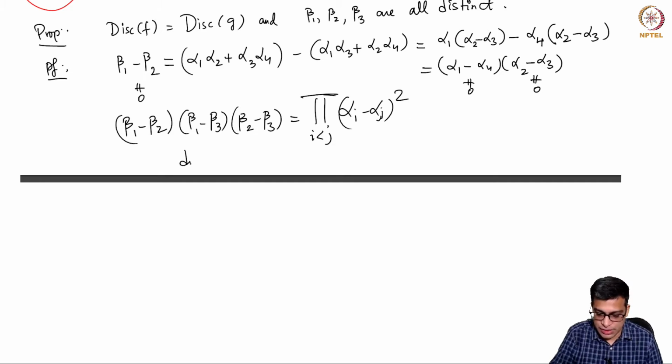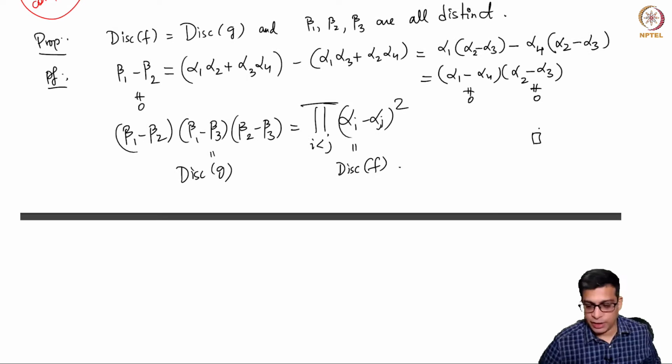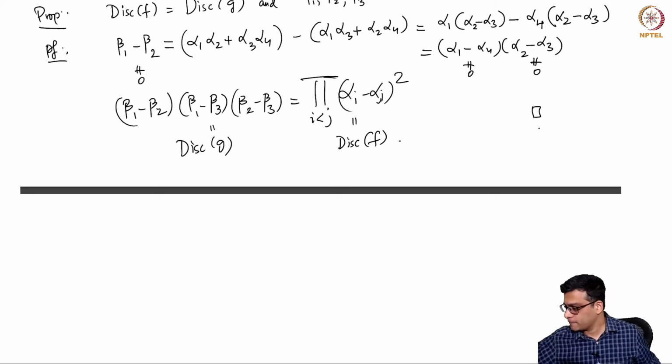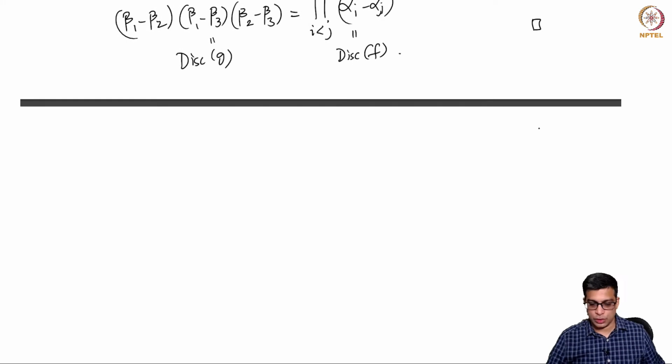Okay, so this is discriminant of G and this is discriminant of f. Okay, so discriminant is the same for these two polynomials, one quartic meaning degree 4, the other cubic meaning degree 3, and the roots of the resolvent cubic are also distinct.